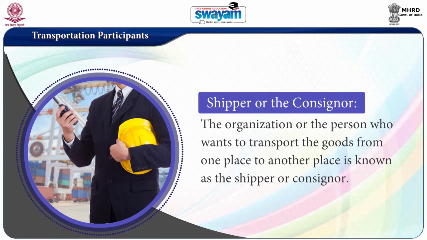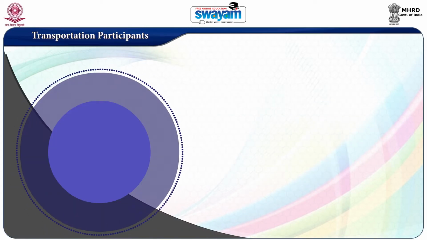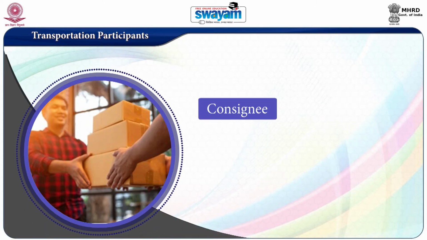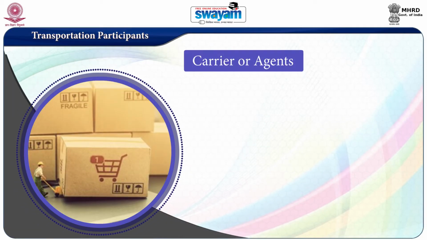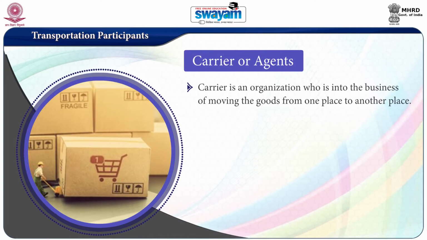The organization or the person who wants to transport the goods from one place to another place is known as the shipper or consignor. Consignee. The party who receives the product through transportation at the destination is known as the consignee. Carrier or agents. Carrier is an organization that is into the business of moving the goods from one place to another.